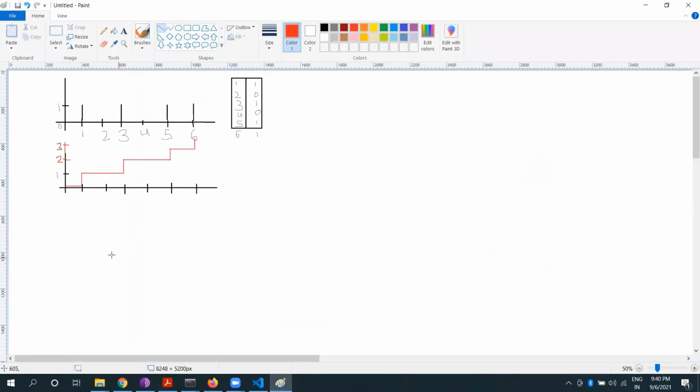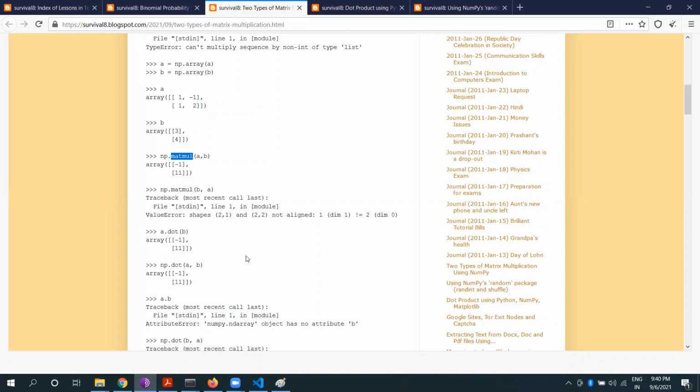Suppose in a matrix we have 2 by 2. So a vector, I'm saying, is always 1 by 1, always one column. Is it correct or not? A vector is supposed to be one column with multiple elements.